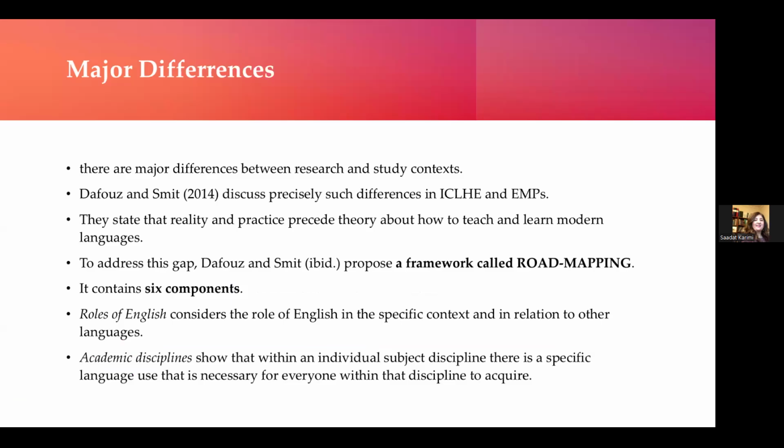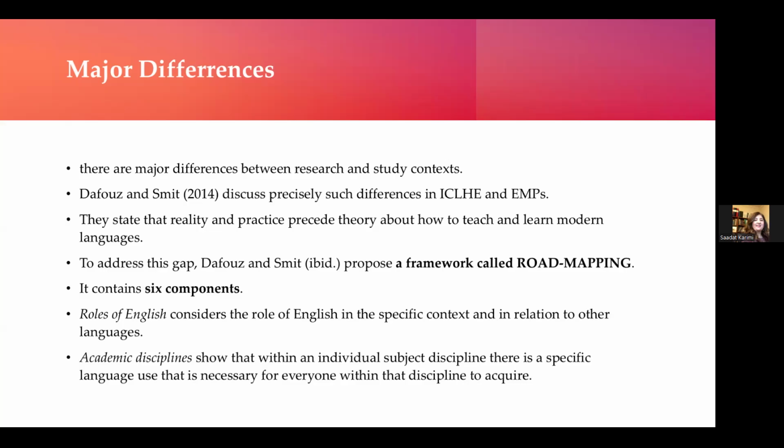As is evident from all these mentioned studies, there are major differences between research and study context. Dreyfus and Smith discuss precisely such differences in ICL-HE and EMPs.